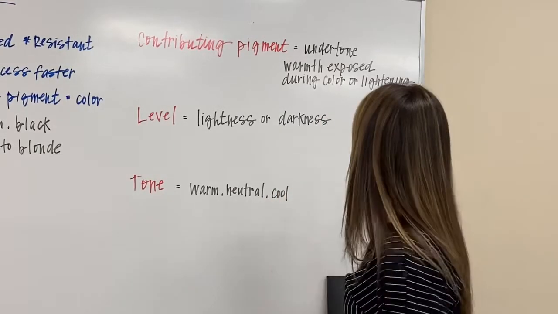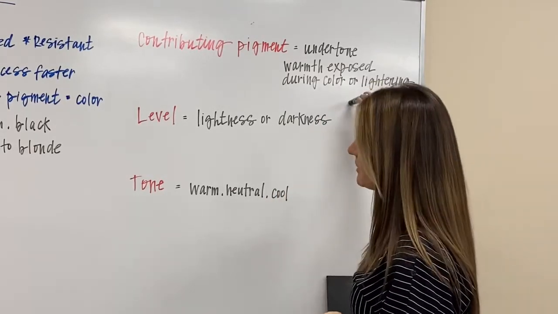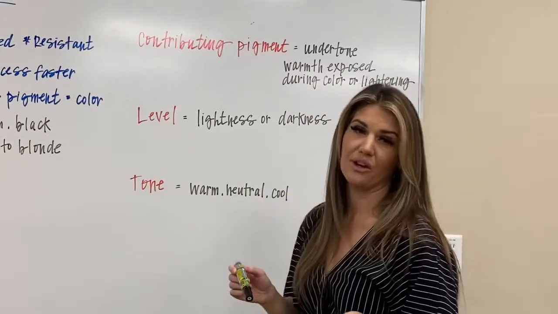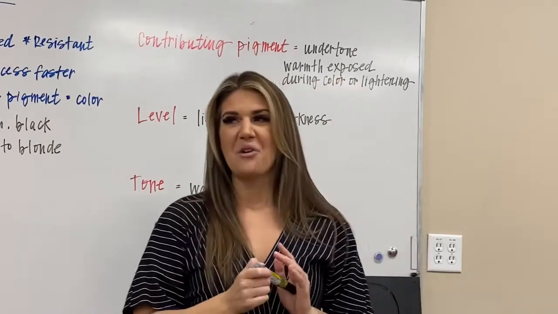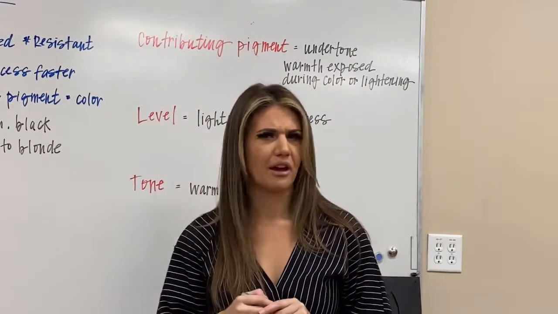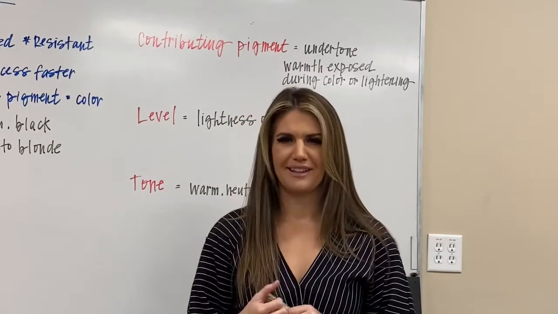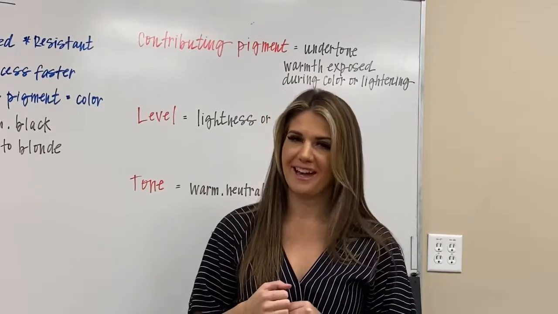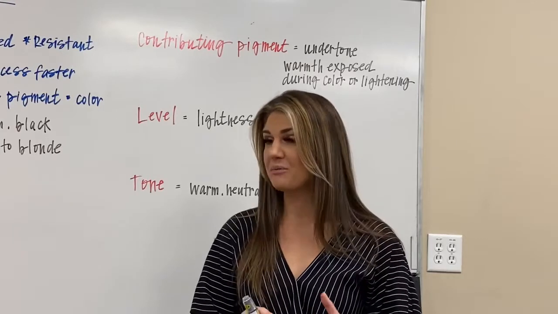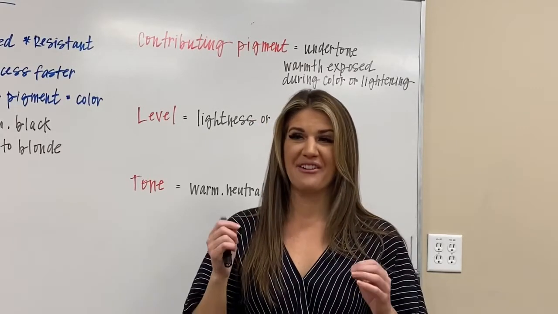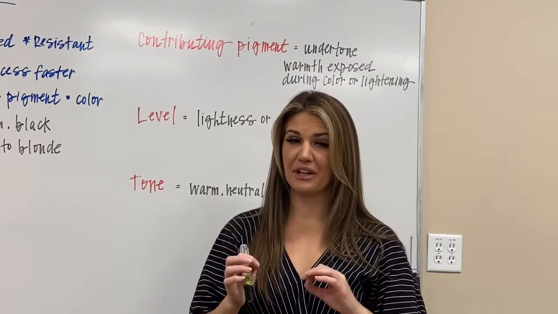Okay. So contributing pigment is going to be the undertone of the client's hair. This comes back to what I mentioned earlier, when your client's like, my hair always goes red. Like, yeah, everybody's hair has warmth. And that comes down to what we're going to talk about when we do color theory with the color wheel.